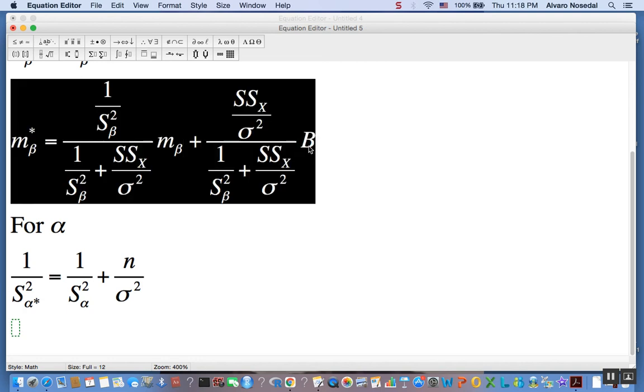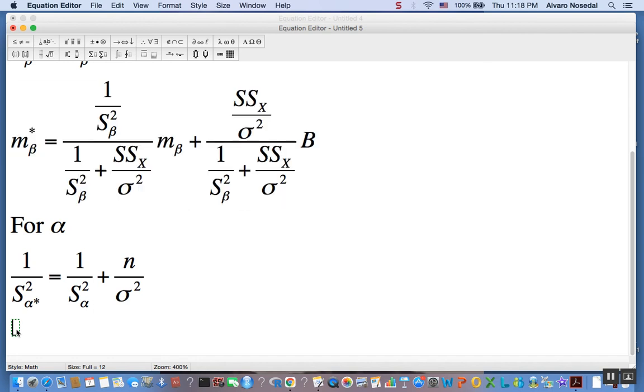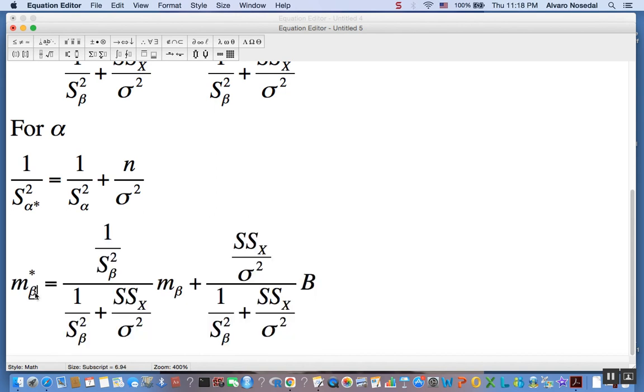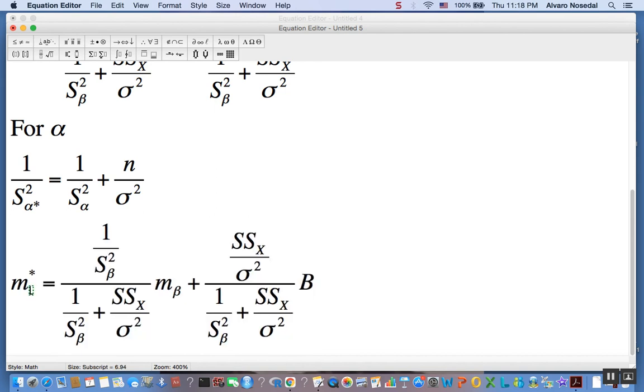Now let's find the posterior mean for alpha star. Well, for alpha, M star.